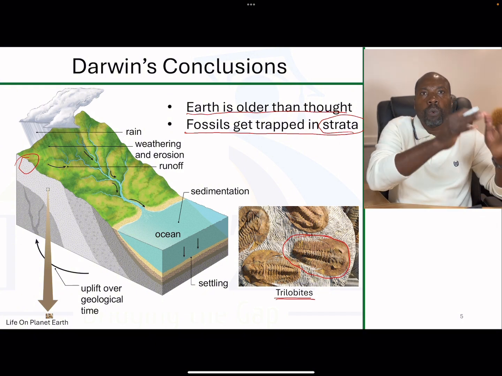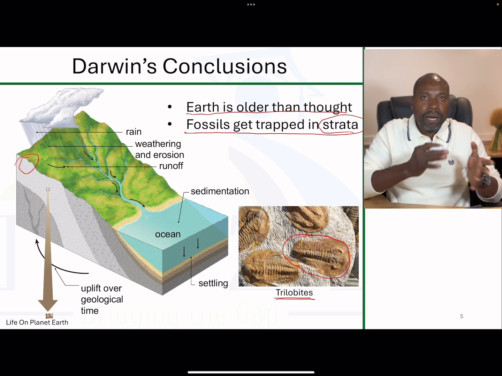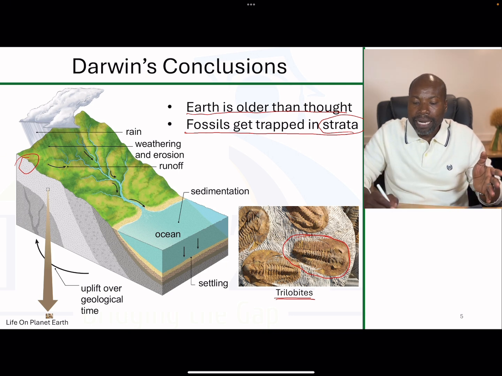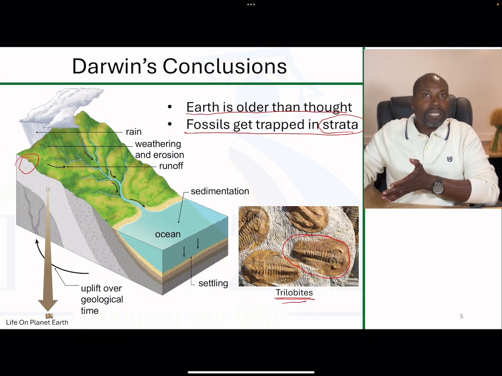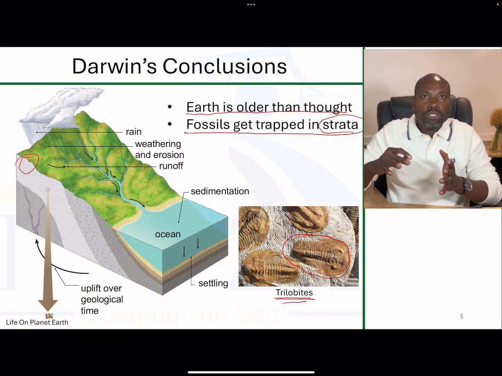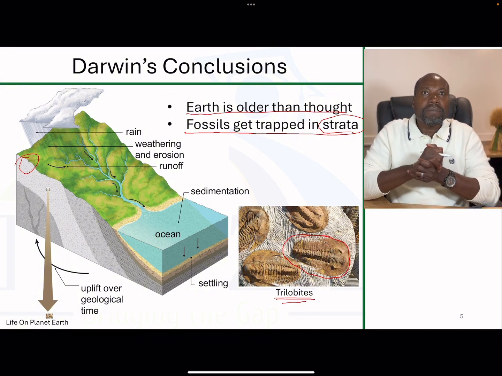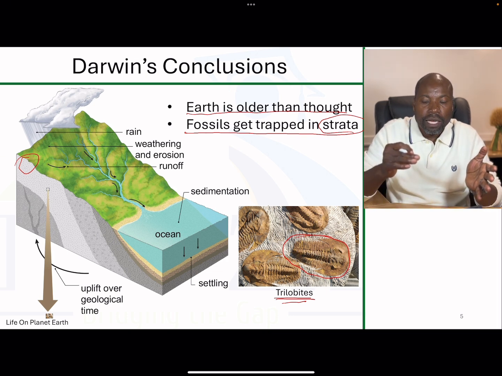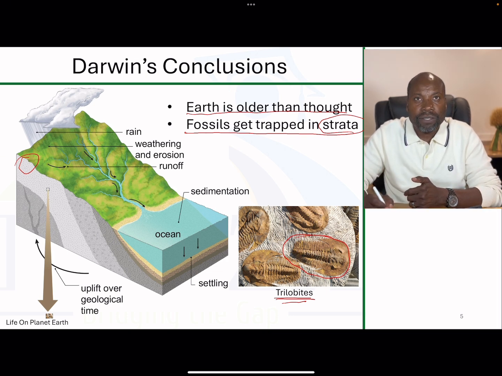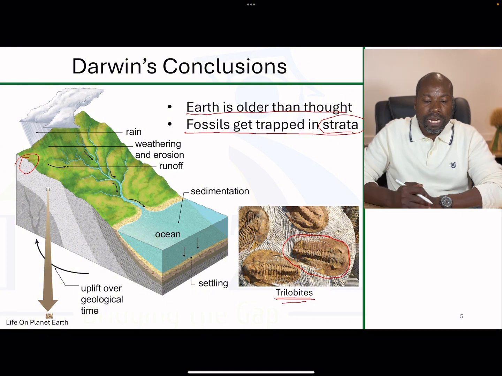Water was at one point in the area where the trilobite died. That water retracted, right? And the trilobite got trapped in the sediments. And this trilobite never decomposed. And therefore, you have the prints of these organisms there, right?